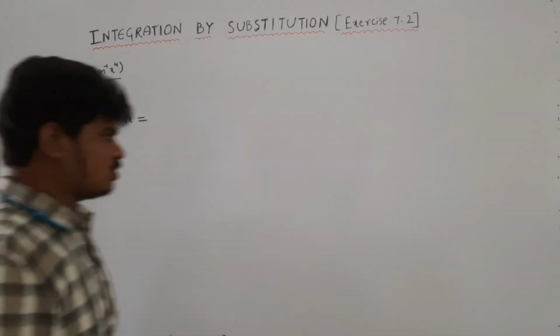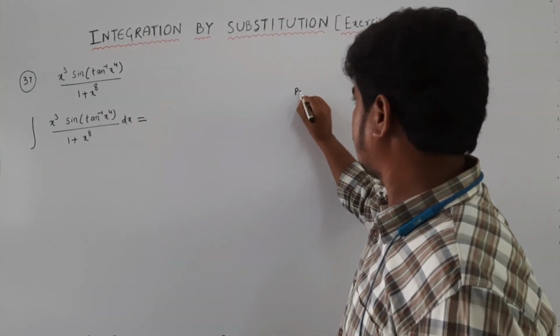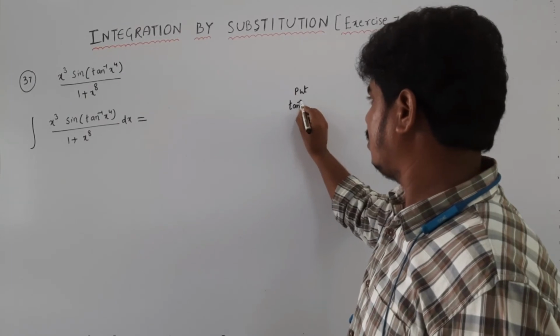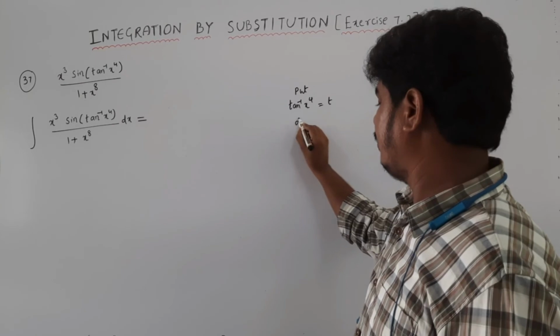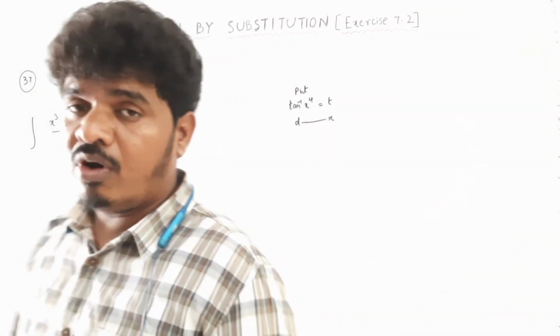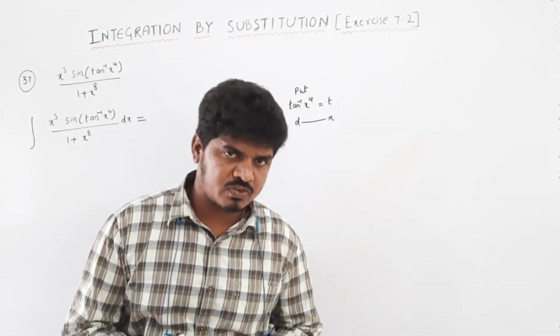Take tan inverse of x to the power of 4 is equal to t. Differentiate both sides with respect to x. What is the derivative of tan inverse x? 1 divided by 1 plus x square.